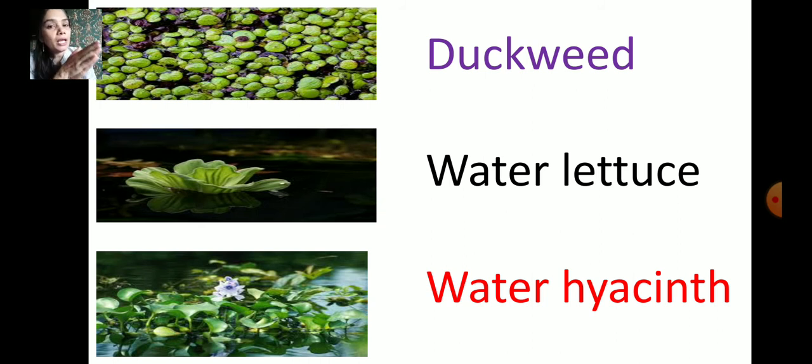They are very light, so they float in water. So they are called floating plants.